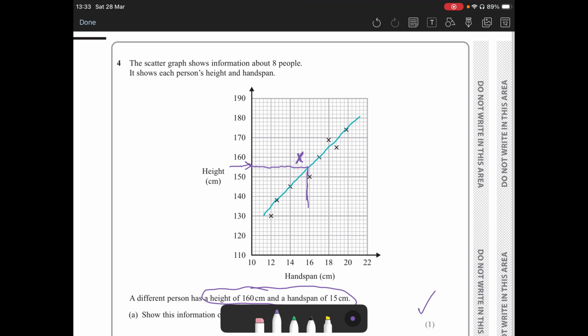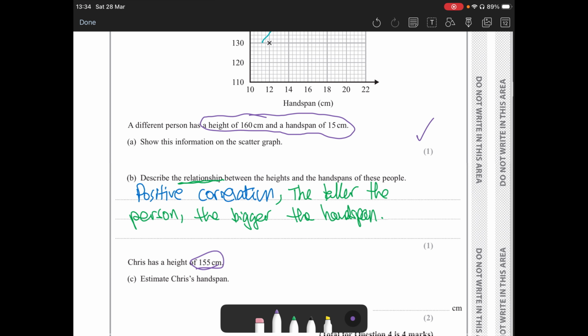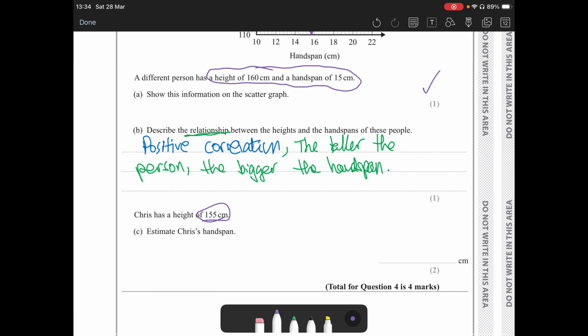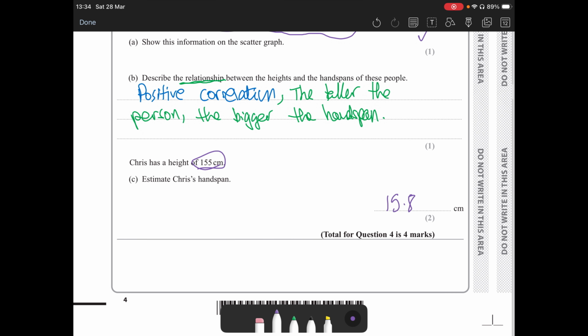And I know mine's not perfect, but I think that's roughly around. I mean, the scaling's not very good, is it? But like 15.8, I think, would be a good estimate. So 15.8 centimeters hand span. Now, the mark scheme, let me read it out for you. Part C.